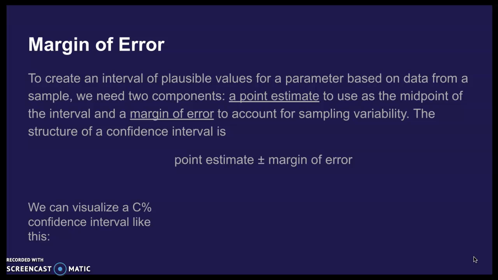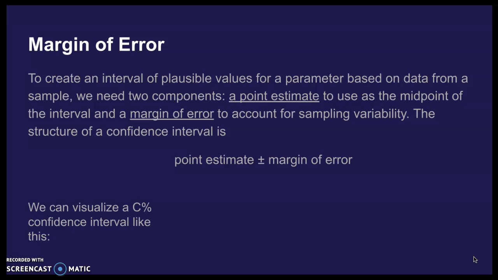The margin of error gives us the interval of plausible values for a parameter based on data from the sample. We're going to need two components: the point estimate, which is used as the midpoint of the interval, and then the margin of error to account for sampling variability. The structure of the confidence interval is point estimate plus or minus the margin of error.